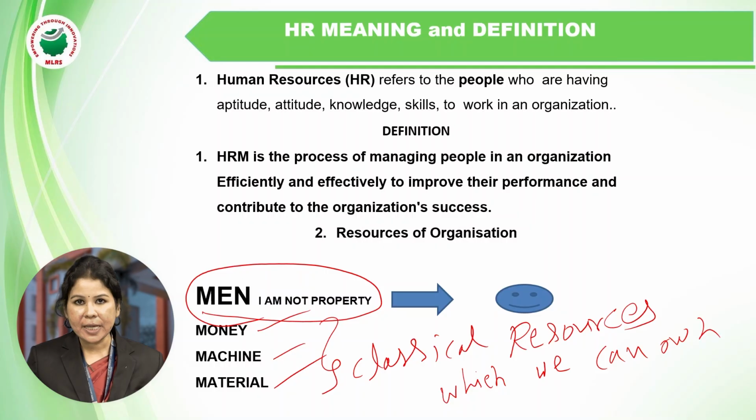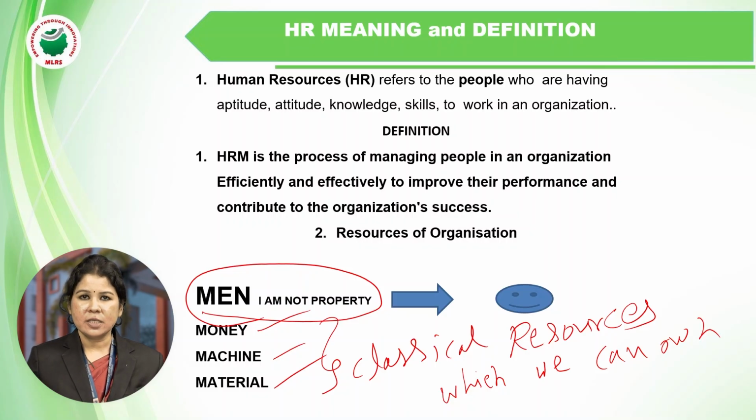People can make the organization, and people can mar the organization. They can bring an organization from profits to losses, and they can make an organization from losses to profits. That's how we have a great importance for human resource management, and we have this separate operative function called human resource management.